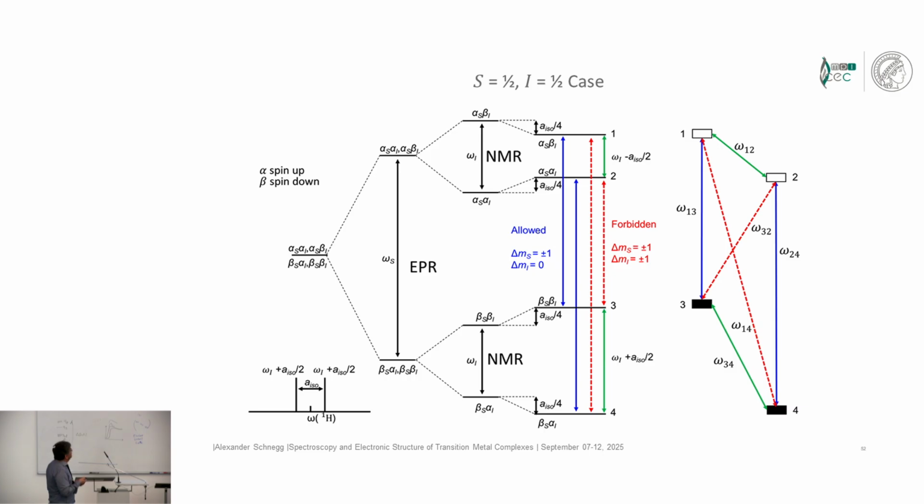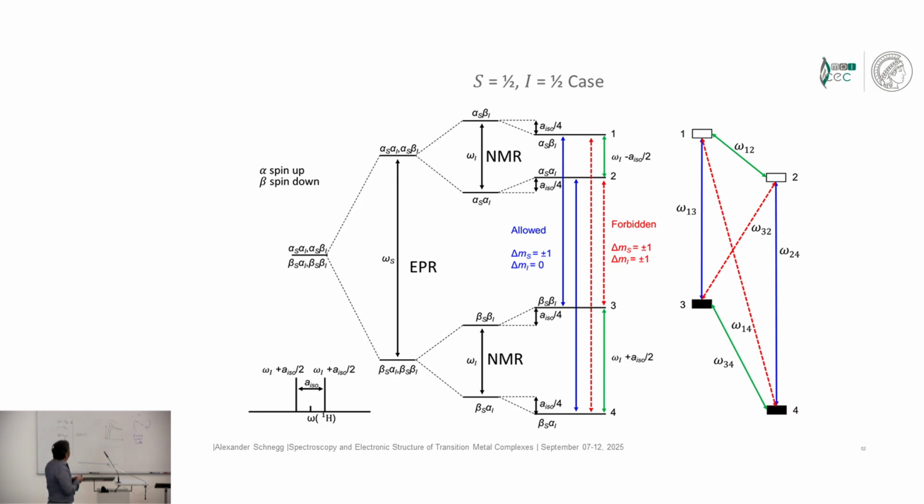Now we switch back to our simple case of an S equals 1/2 coupled to a nuclear spin, and I'm switching back to this picture because what I would like to show you in the next slides is how a combination of EPR and NMR can be used to resolve these small hyperfine couplings which are hidden under our line widths.